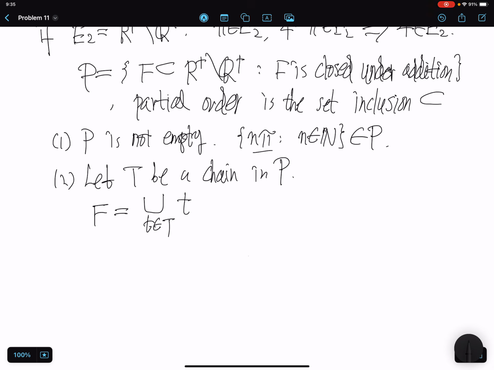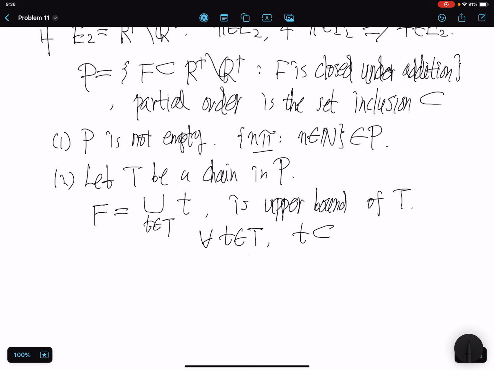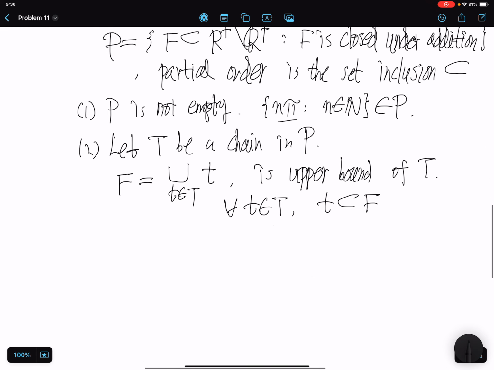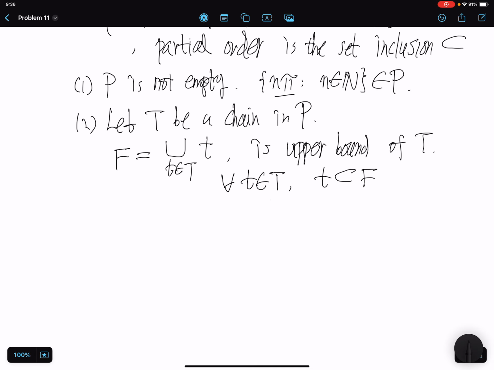So F is an upper bound, because for any set T in T, T is a subset of F. But we need to make sure F is closed under addition, which is obvious, right?